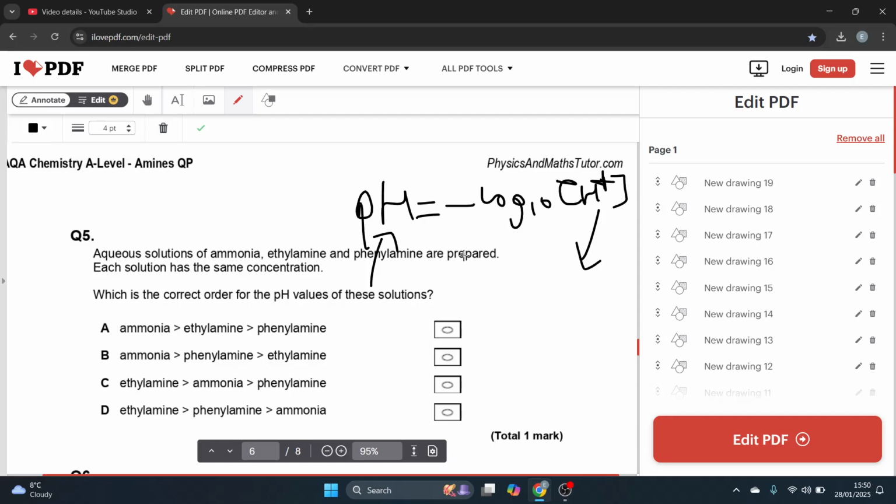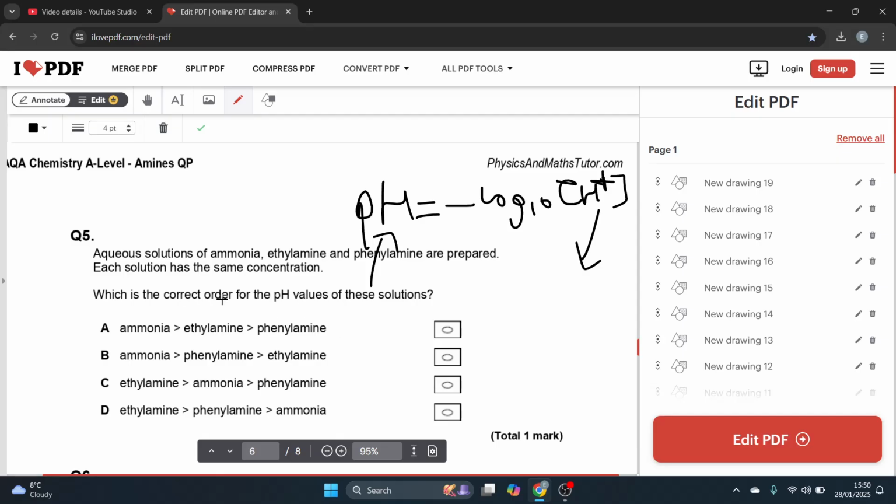So, ammonia, ethylamine, phenylamine. Ammonia is not going to have the highest pH value.